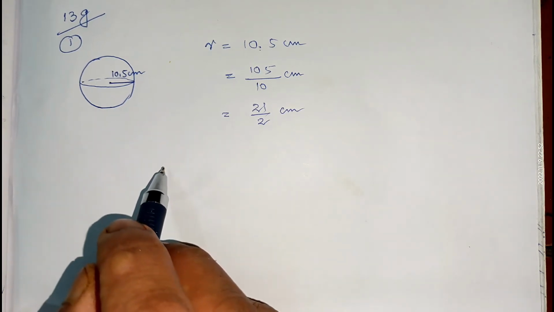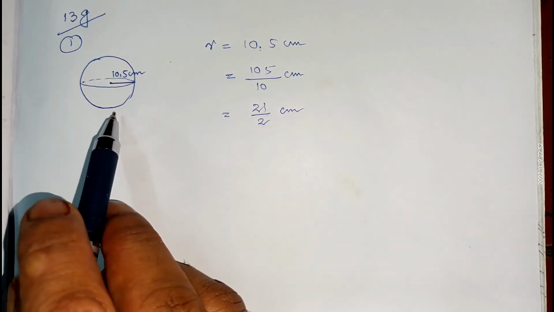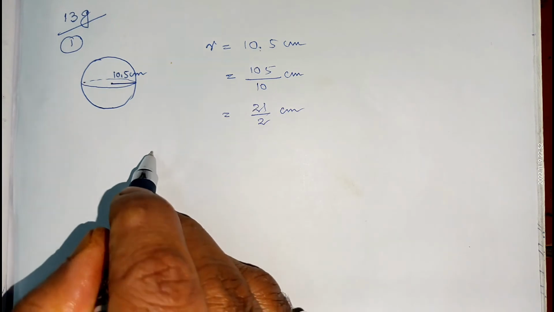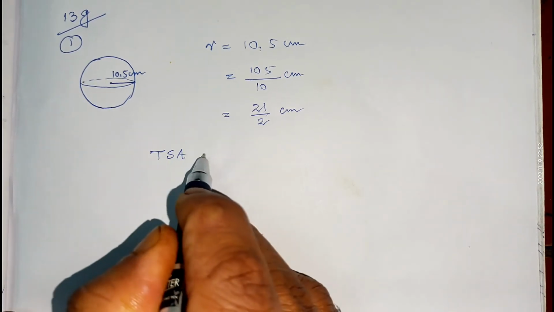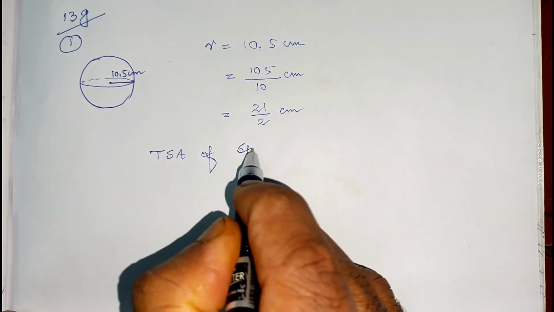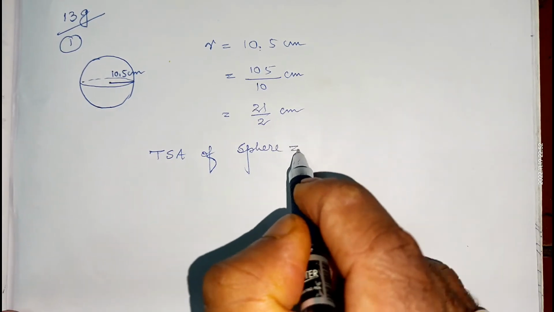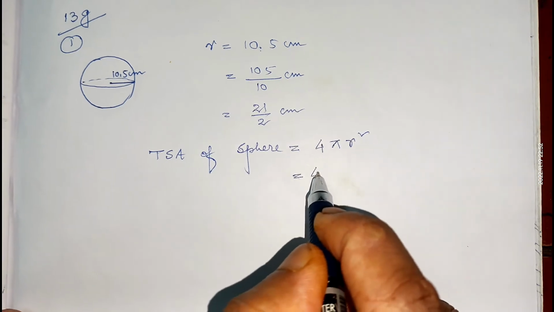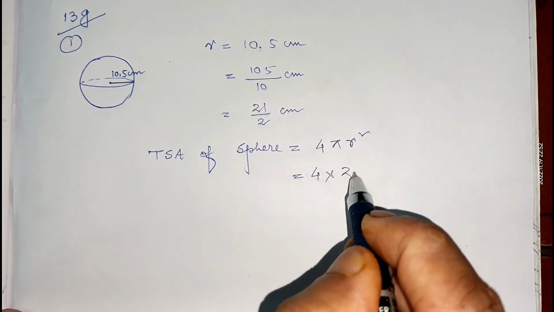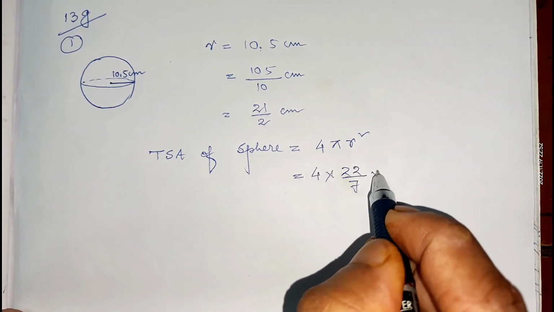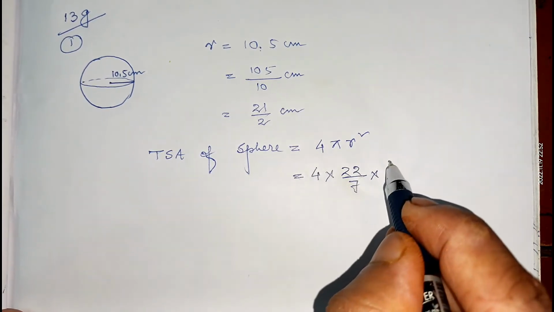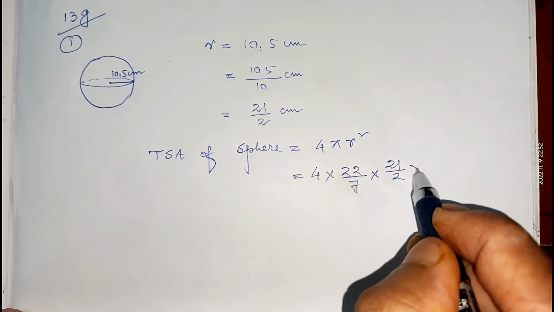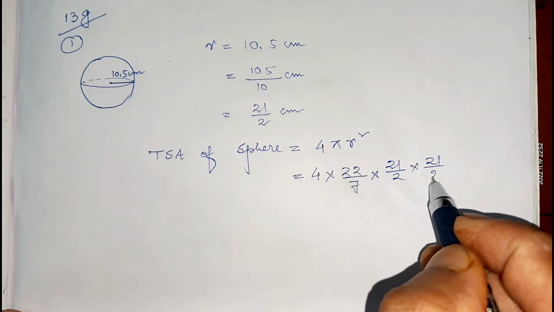Now we have to find the surface area. Since in case of a sphere there is only one surface, we can write total surface area of sphere. Formula is 4 pi r square. Instead of pi, we can write 22 divided by 7, r square. Radius is 21 by 2, so it will be 21 by 2 into 21 by 2.